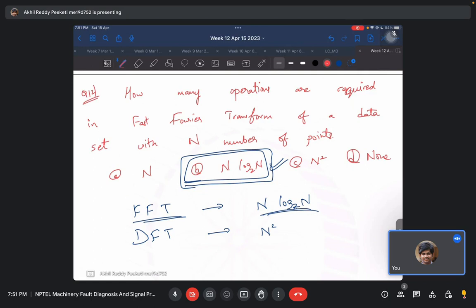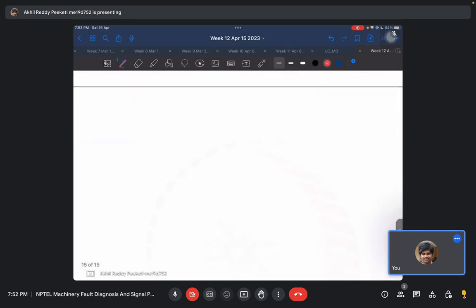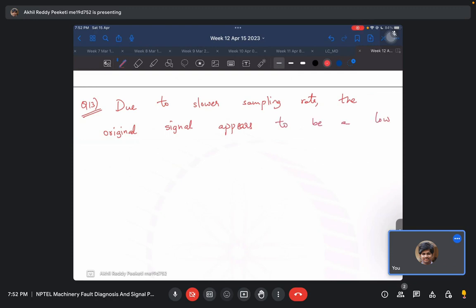Okay. So let's move to the next question. Due to a slower sampling rate, the original signal appears to be a low frequency signal.